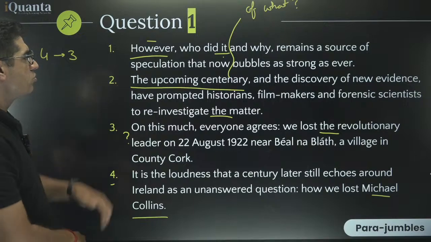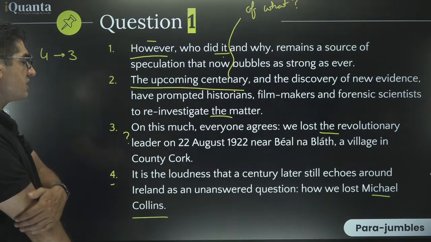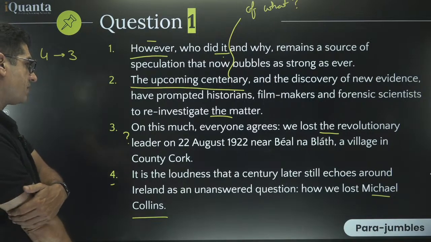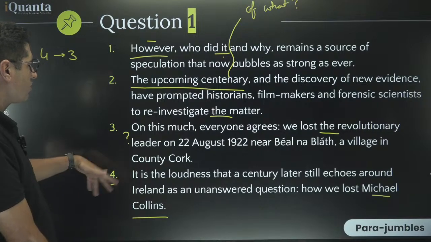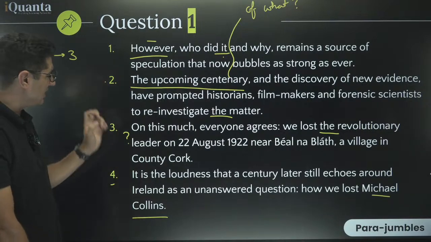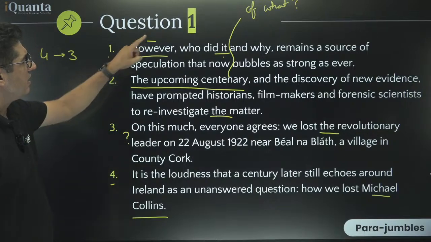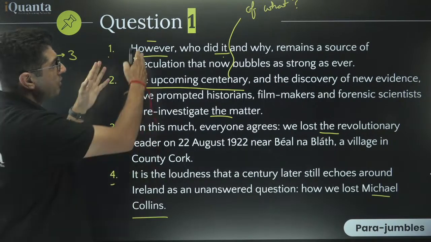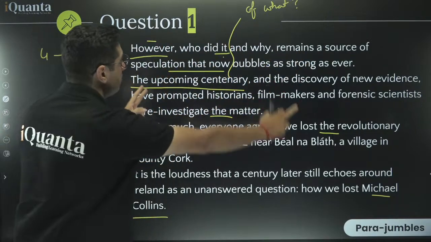Now you notice third says the revolutionary leader, fourth says Michael Collins. So can I say that that's one sequence that we need to have? Then if you look at 2, the upcoming centenary, discovery of new evidence, prompted historians to reinvestigate the matter. The matter can be third or fourth, so second needs at least one of these two coming before it. And then let's look at first. I love transitional expressions. However, who did it and why remains a source of speculation.